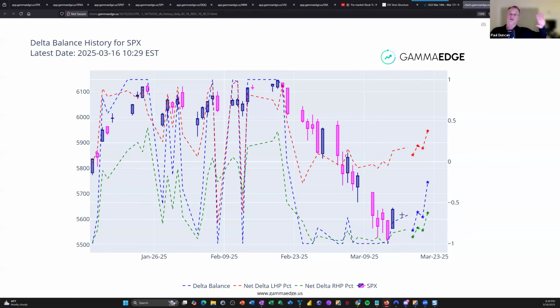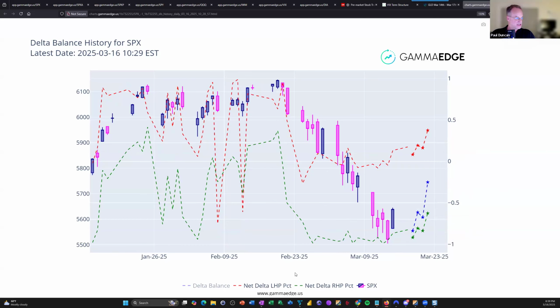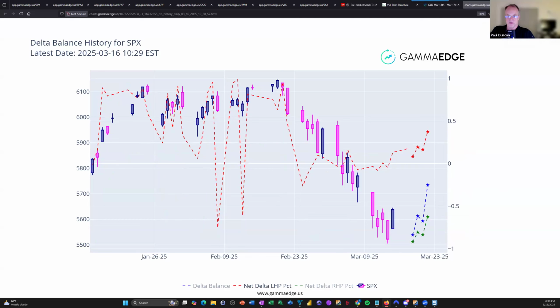So again, this is still using the OI balances of Friday morning, but it's using all of the Greek calculations as of 10:29 this morning, Sunday morning, right? So it updates everything, calculates everything freshly. What are we seeing here? So let's just make sure that we're all tracking here, because I think the information in this can be very, very useful as you're looking forward.